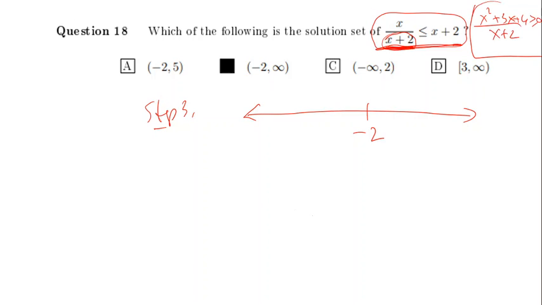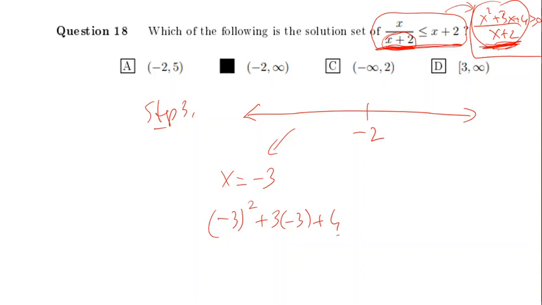Okay, we transformed this one to here, so we will keep working on this part. Let's take x equal to -3 and put it here. So we'll get 3x squared plus 3 minus 3 plus 4 divided by x plus 2.